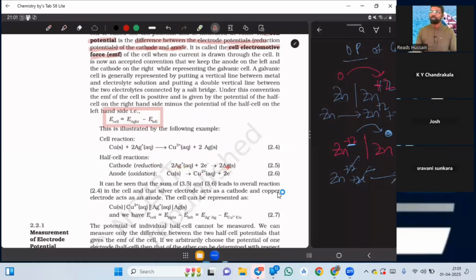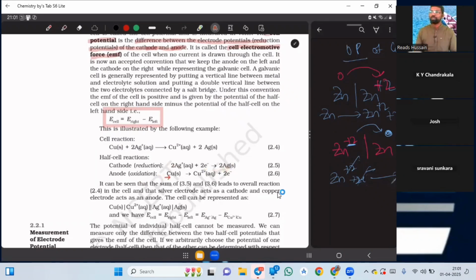How many units of positive charge? 2 plus, no? So we have to add 2 electrons. The two positive charges and 2 negative charges get cancelled, and this becomes 2Ag.